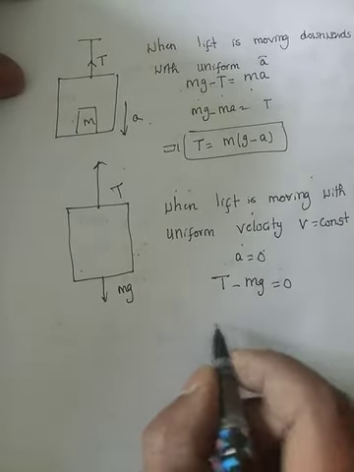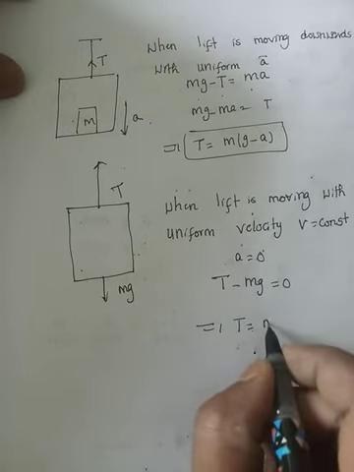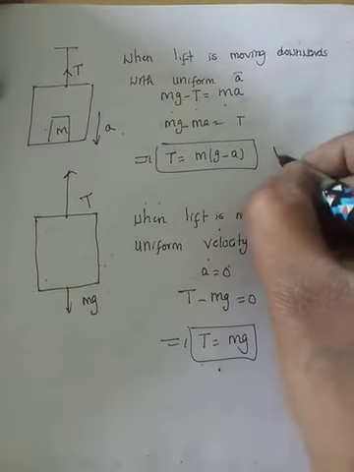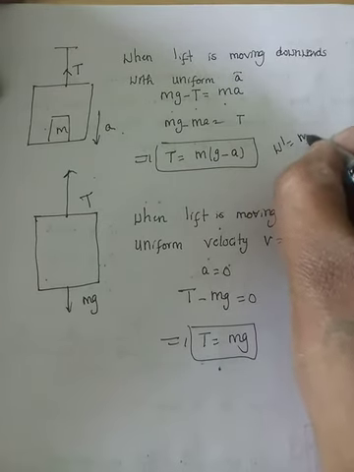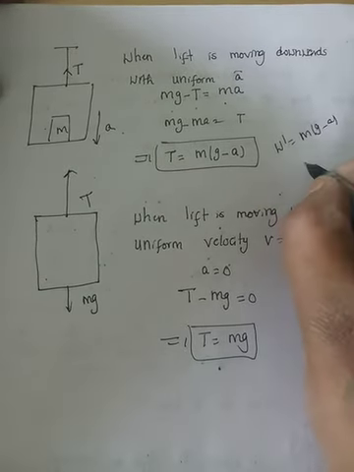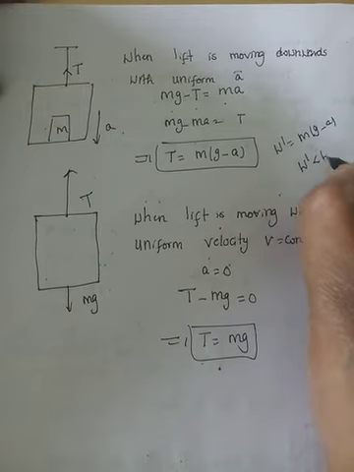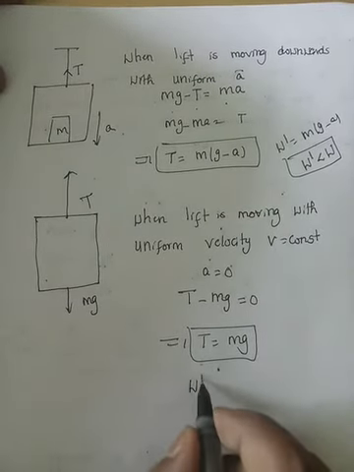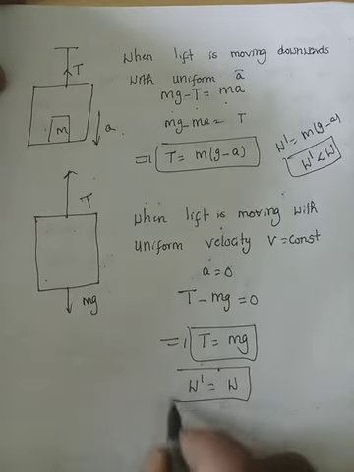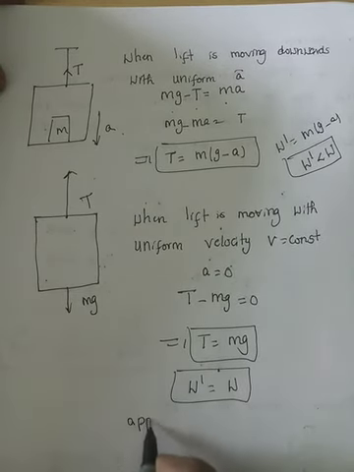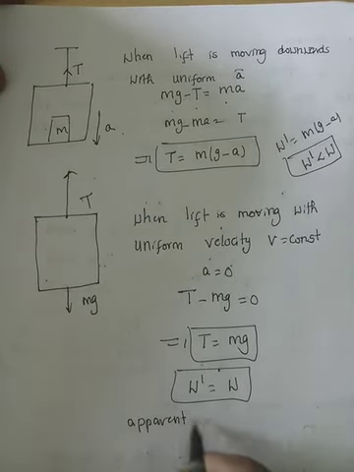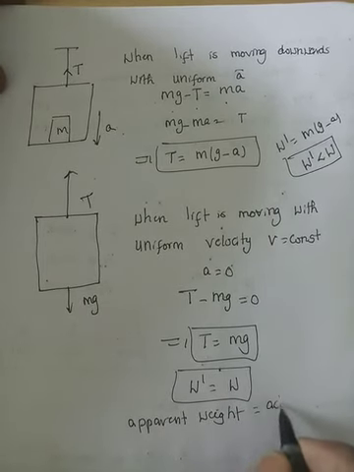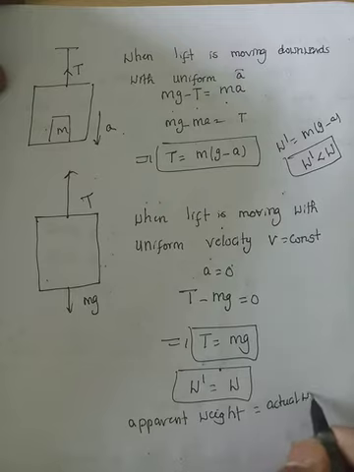T minus mg is 0, which implies T equals mg. Earlier, W dash equals m into (g minus a), so apparent weight decreases. Here W dash equals W, which means apparent weight equals actual weight.